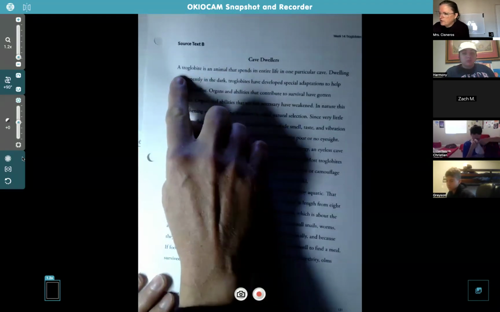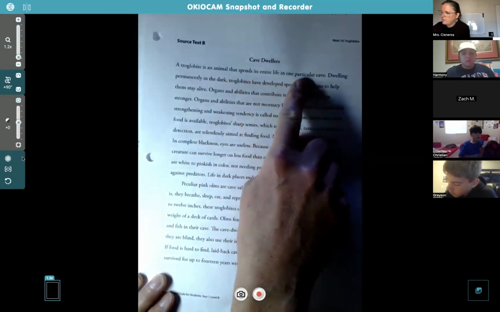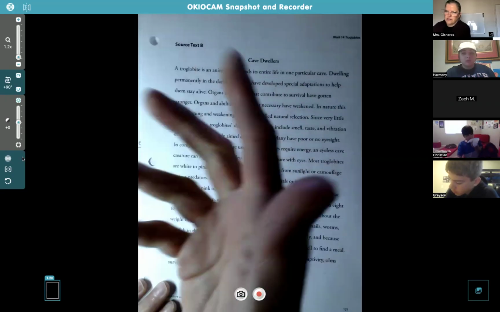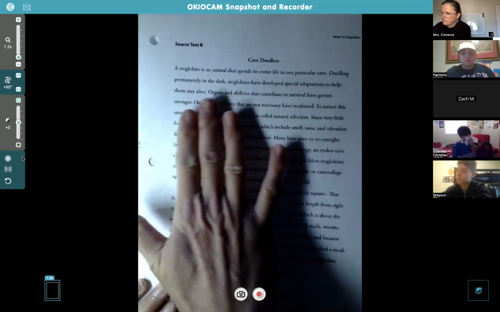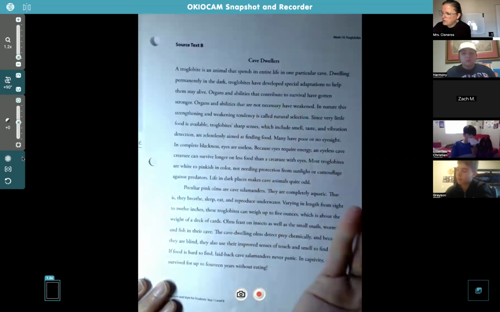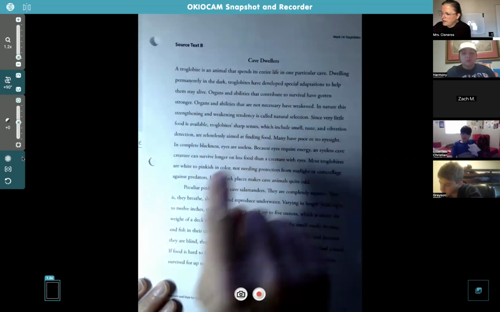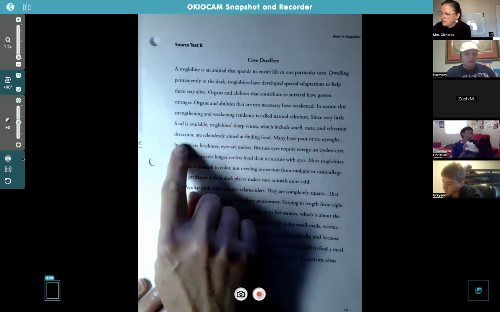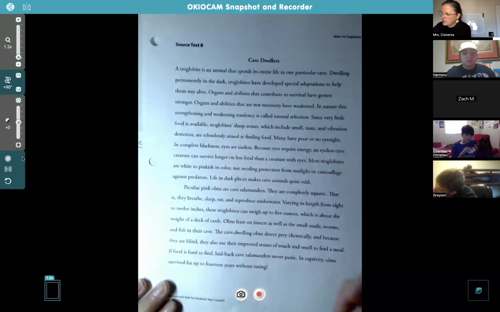It says, a troglobite is an animal that spends its entire life in one particular cave. So already I can kind of tell it's introducing these troglobites. So I'm going to skim through. I see troglobites again, special adaptations, survival, organs, weakened, strengthening, weakening, vibration detection, finding food, blackness, eyes, useless.